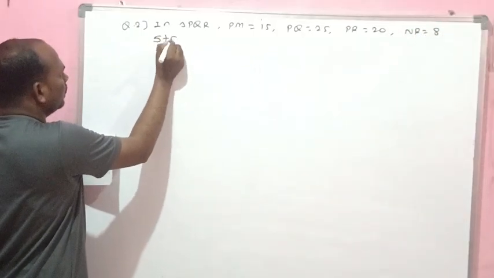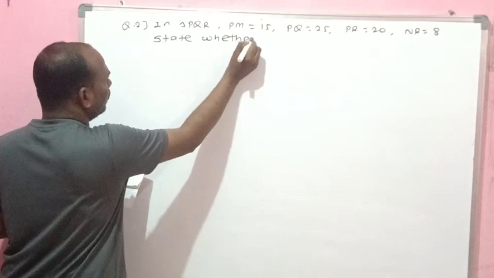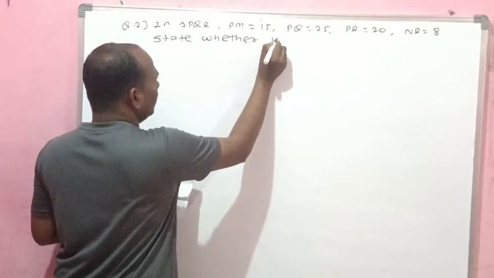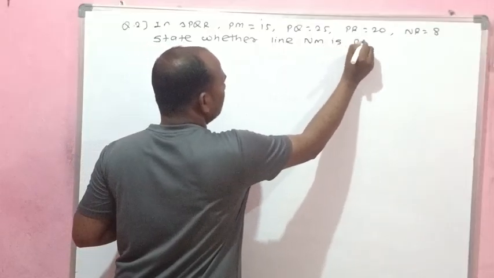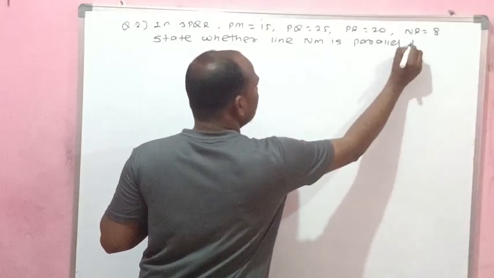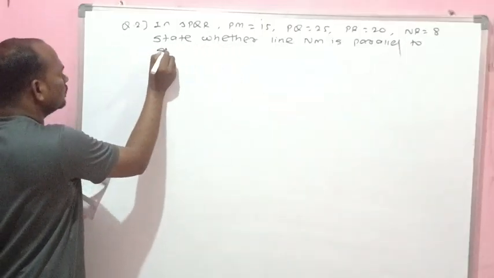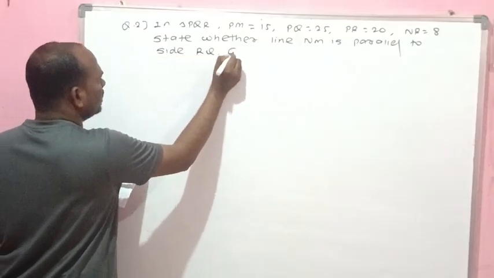State whether line NM is parallel, like NM is parallel to side RQ and give reason.